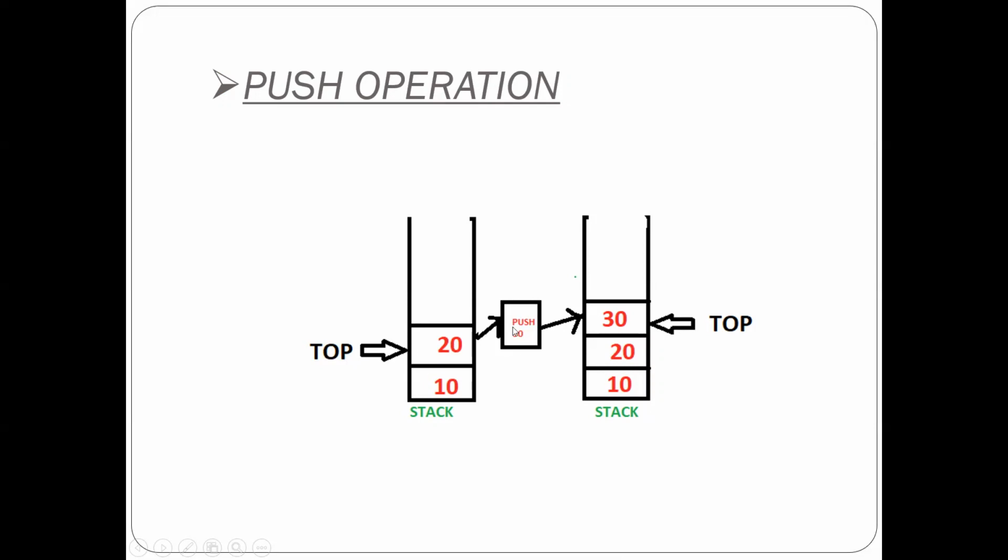After inserting 30, the stack will look like this: 10, 20 and 30. That means on the top end we insert 30 and we shift the top from 20 to 30, because 30 has now become the top end. In this way the push operation works.